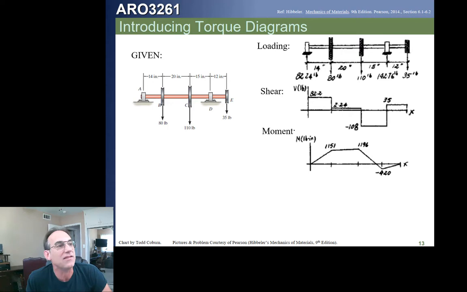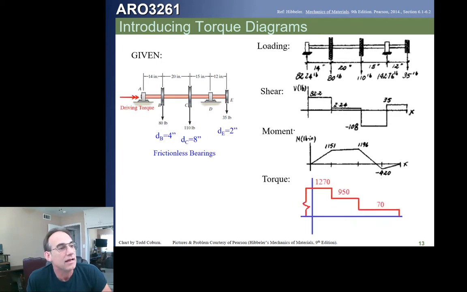We're going to be getting into these later, how we develop shear and moment diagrams. But for our torque diagram, if we note that these are off at different diameters, then the torque will be like this: 80 pounds times 4 inches would be the inch pounds. On the second one, it's 110 times 8 and so on, and we can write a torque diagram in the same manner.